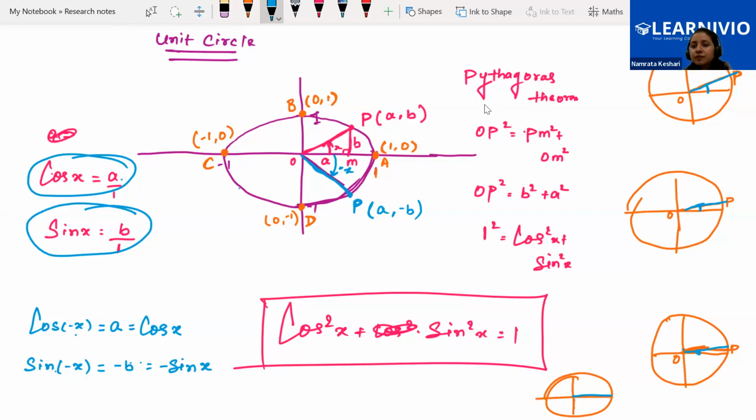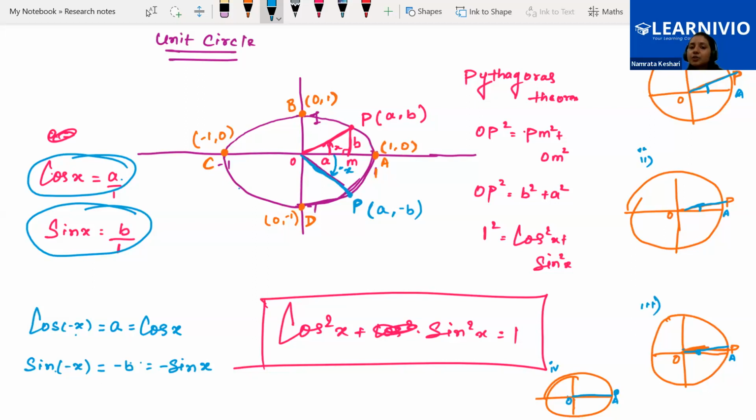So figure 1, figure 2, figure 3, figure 4. We have taken the line OP and we are pulling it towards A. We are decreasing the angle, decreasing and decreasing, and then OP and OA became the same. Here P also is there.